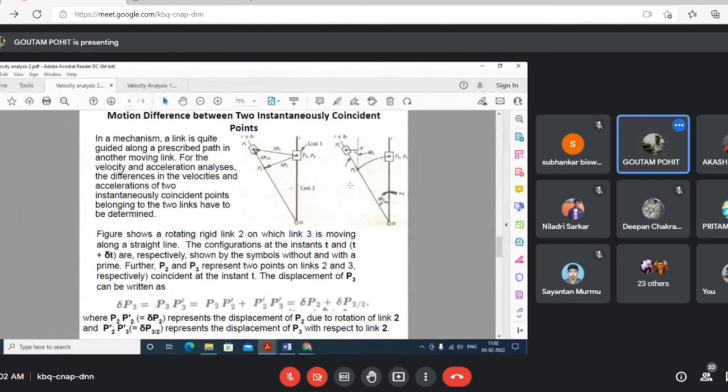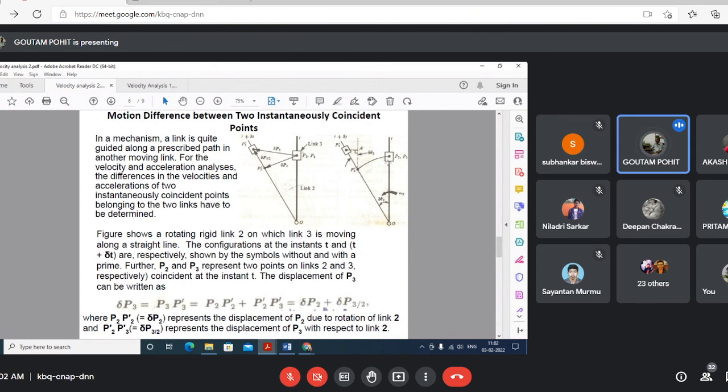Since link 2 has a motion in this direction, and there is a movement perpendicular to that direction, one additional force is acting on this member. Then only this displacement perpendicular to the motion can take place.